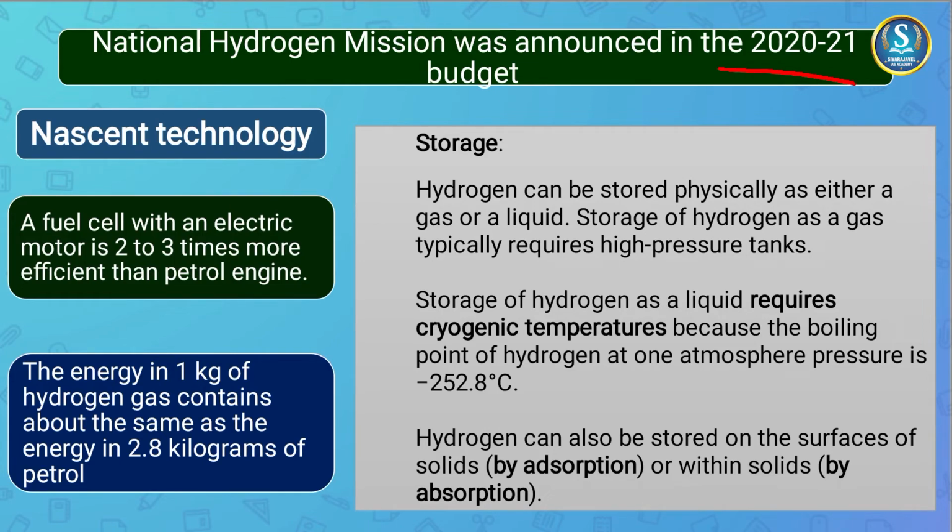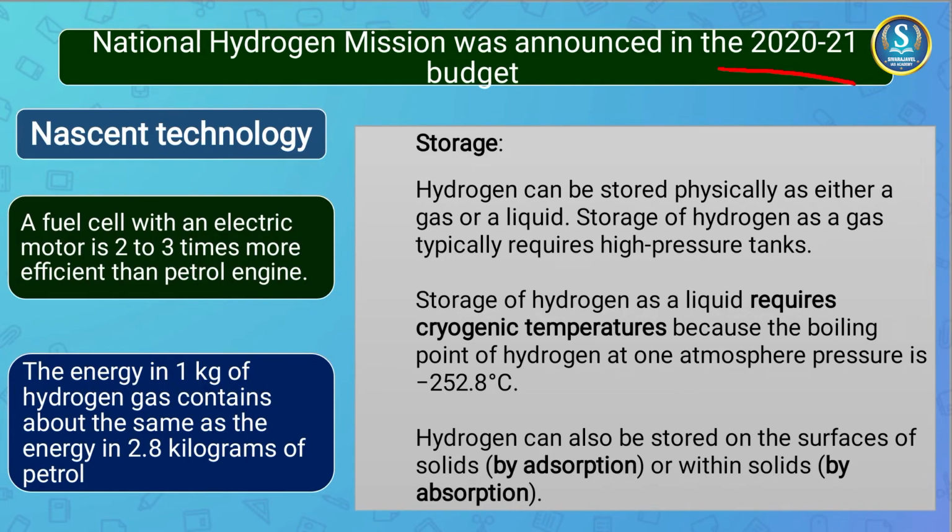To maintain the cryogenic temperatures, you have to spend a lot of energy again, because the boiling point of hydrogen at just 1 atmospheric pressure is minus 252.8 degrees Celsius. Just think, it always keeps boiling. At normal room temperature, it just keeps boiling. You have to keep it in cryogenic temperatures to keep it normal.